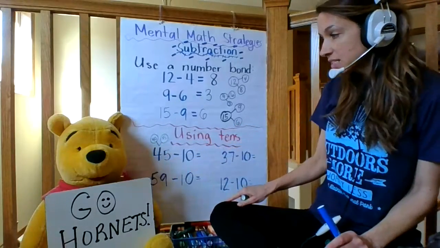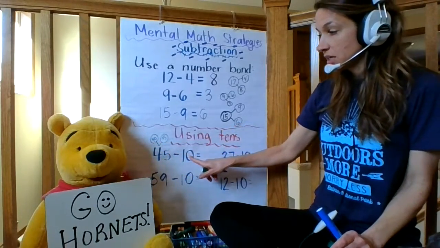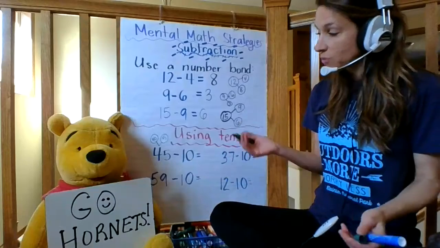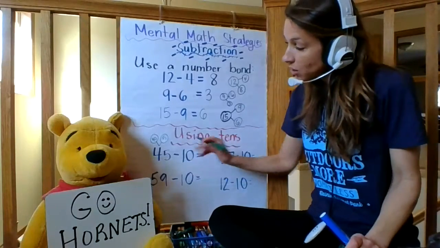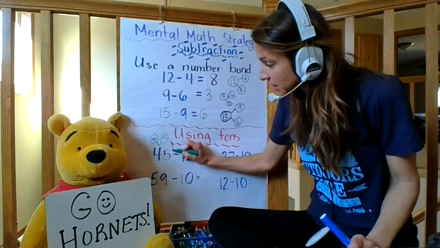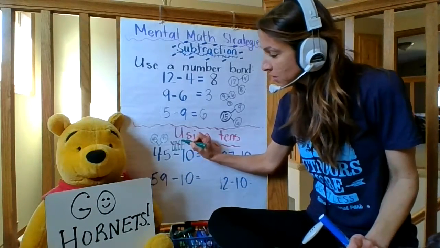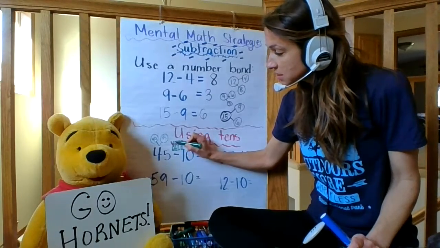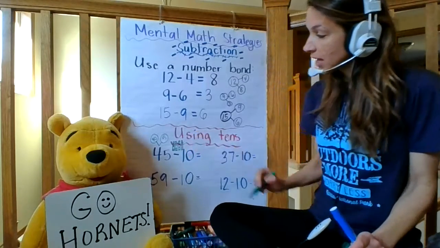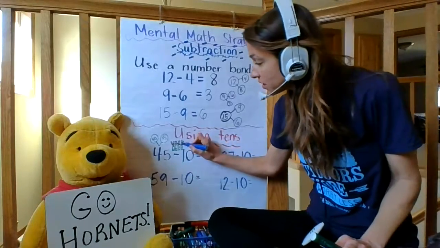Well, then I can easily look at 40 minus 10 because I know that's really 4 tens and 1 ten. So what I'm really doing is making my 4 tens, just going to draw them quickly here. I have 4 tens for 40, and I am taking 1 ten away.